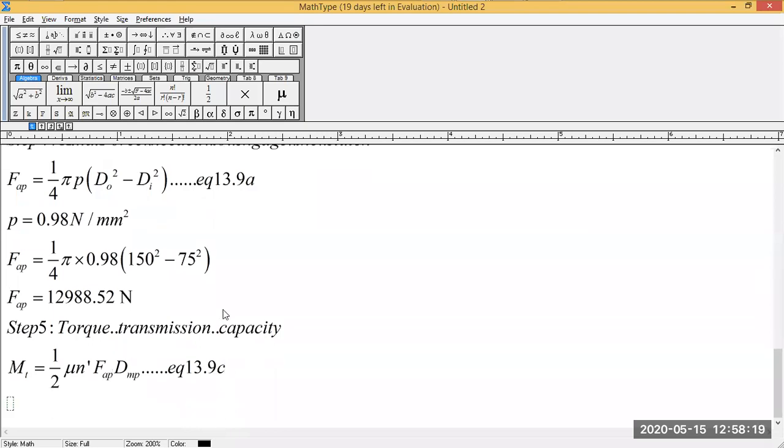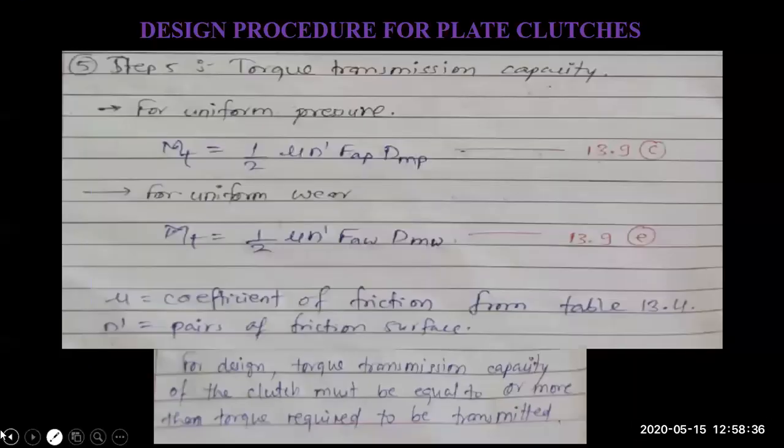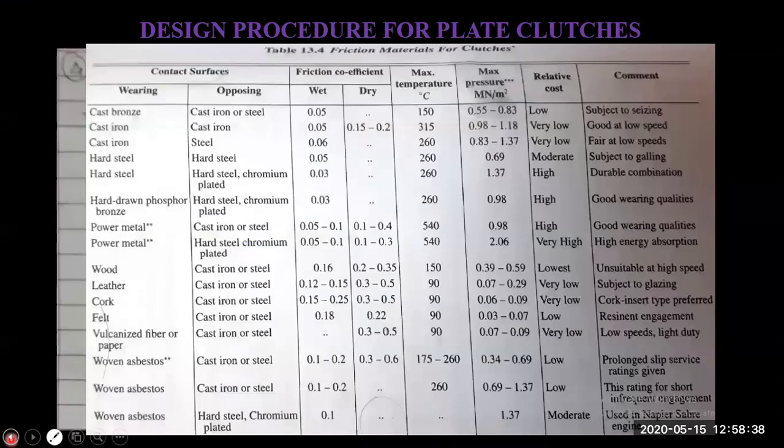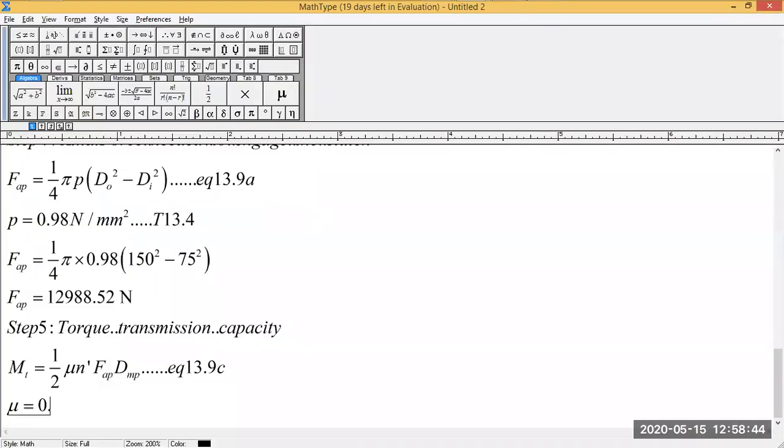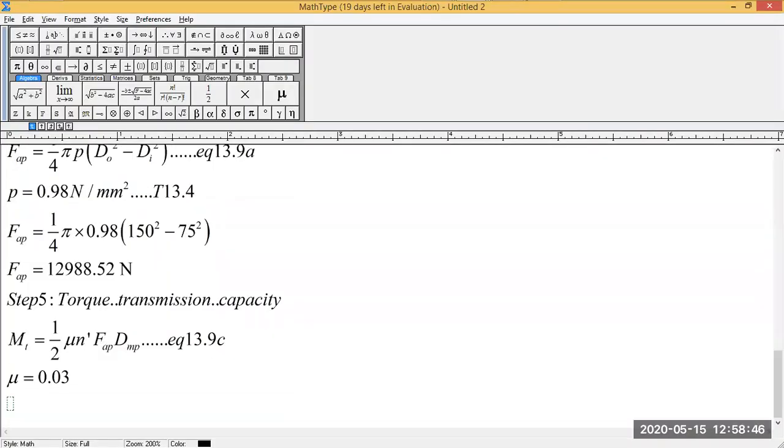And mu also, and this data we have got from table 13.4. Again, this mu is required to be found. Let's go back to the handbook. Mu considering wet conditions is 0.03. So 0.03 coefficient of friction.